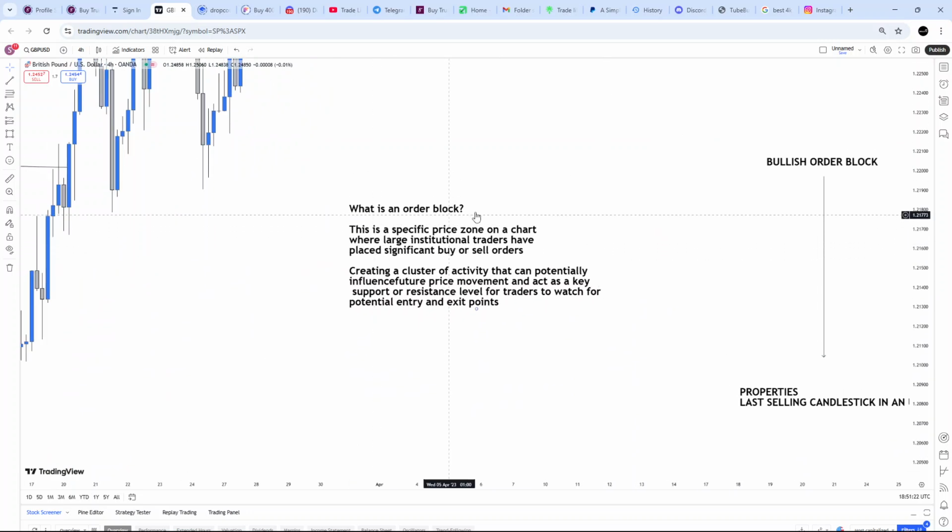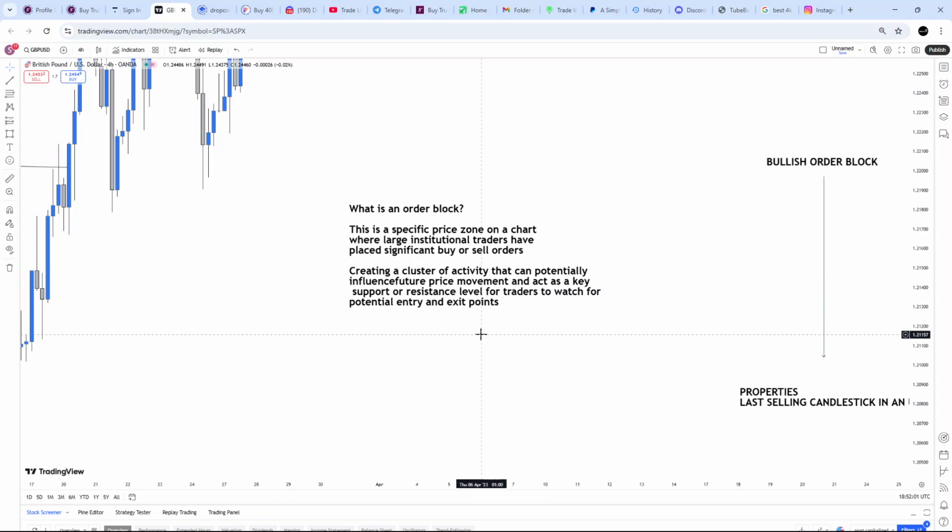Order blocks, first of all, are a specific price zone on a chart where large institutional traders have placed significant buy or sell orders. That means that's where buyers and sellers have been fighting to see who is going to dominate the market, creating a cluster of activity that can potentially influence future price movement and act as a key support or resistance level for traders to watch for potential entry and exit points.